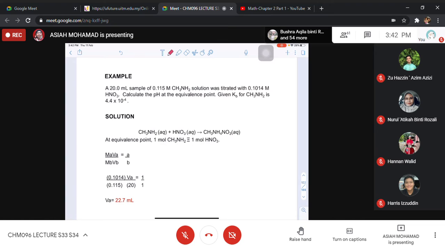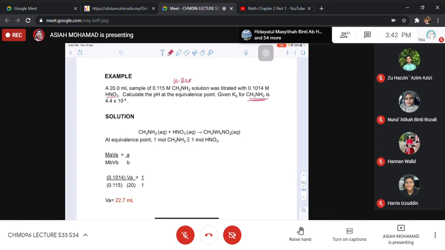Alright, the second example: 20 milliliters of 0.115 CH3NH2 solution was titrated with 0.1014 molar HNO3. Calculate the pH at the equivalence point, given Kb for this one is 4.4. This is a weak base, and you are given the Kb for this species, titrated with a strong acid, HNO3.